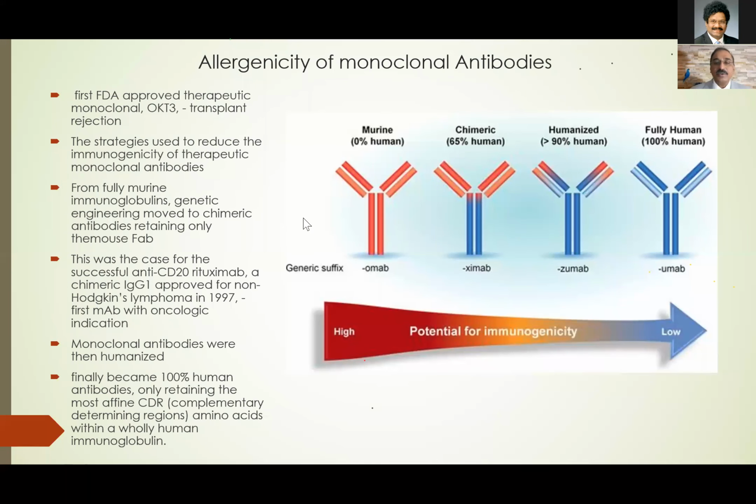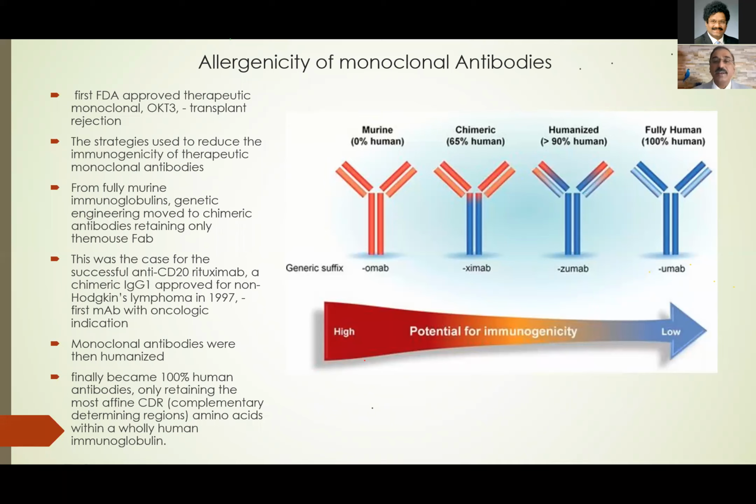Here, I want to show you how the antigenicity is coming. Here, the murine antibody has no human antibody portions. And the chimeric antibodies are called ximabs. If you're wondering how these names came about for each monoclonal antibody, you can see here, if it is a purely murine antibody, it is called omab at the end of the name.